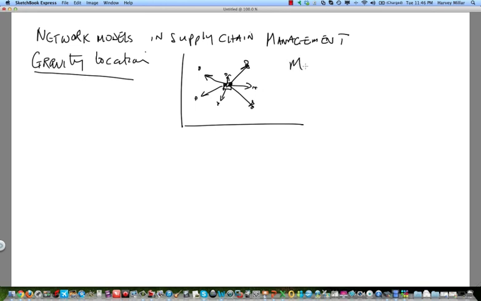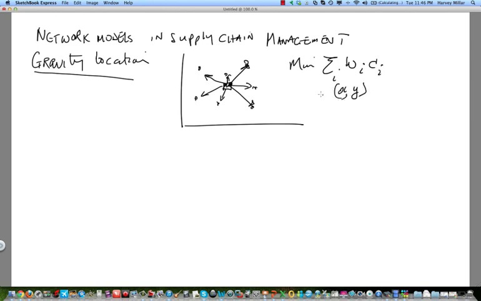Well, what we would actually like to do is to minimize the sum of the weighted distances. The distances are calculated from the facility that is located out to those customer points. So typically what we would have is a set of x, y coordinates, and we would have that for each customer.